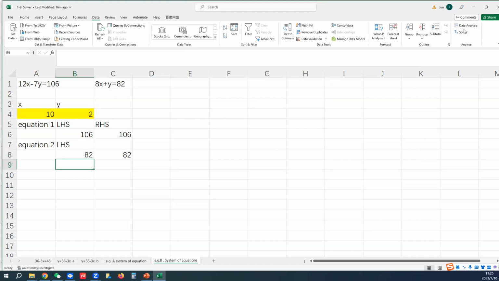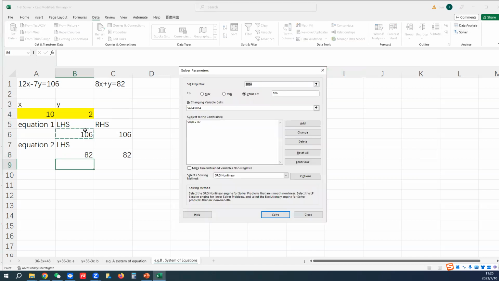So what we did is set holding the first equation as our goal by changing x and y, and we asked Excel to satisfy the second constraint, that the left-hand side of the second equation equals the right-hand side. Technically, we are solving for x and y that make these two equations hold at the same time, namely solving the system of equations.